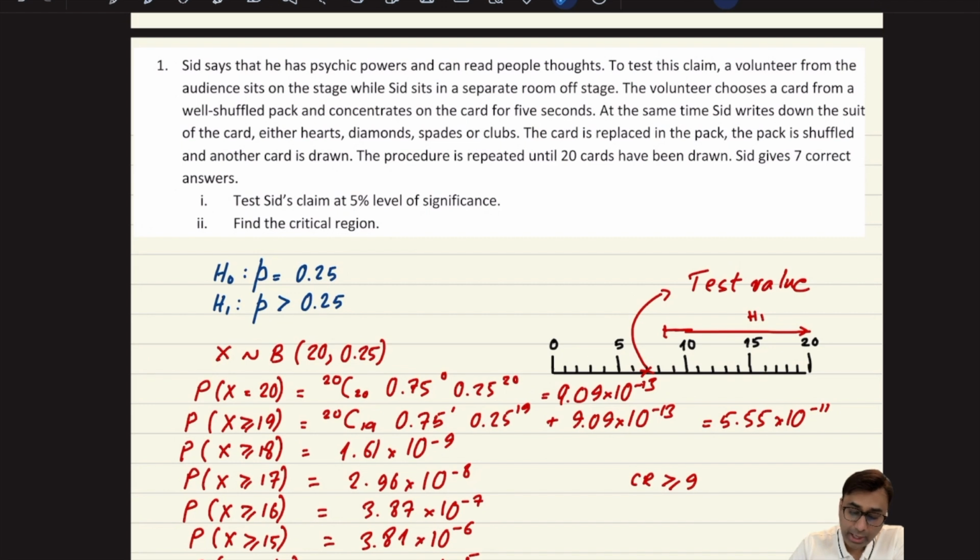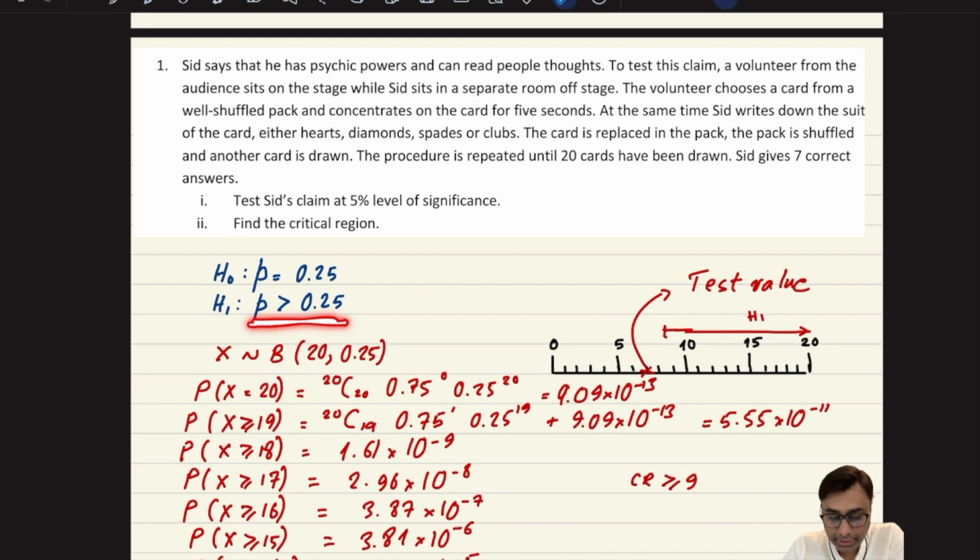So you write down the distribution with the assumption of the null hypothesis being true. He picked 20 cards, so n is 20 and the probability is 0.25. Since you're looking for an increase in probability, you must have already identified that it is a one-tail upper tail test.